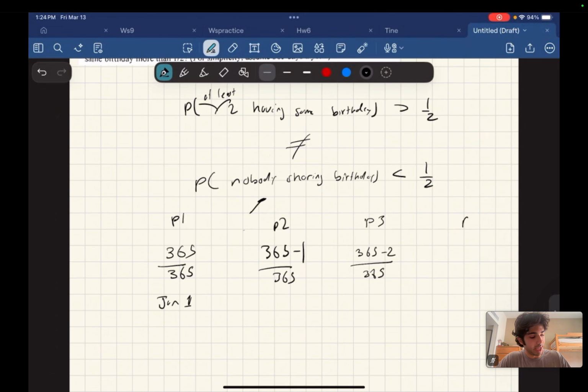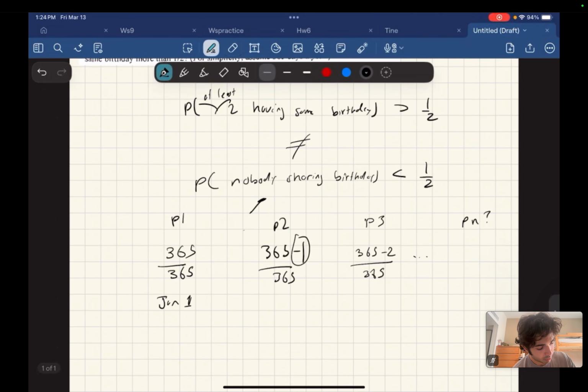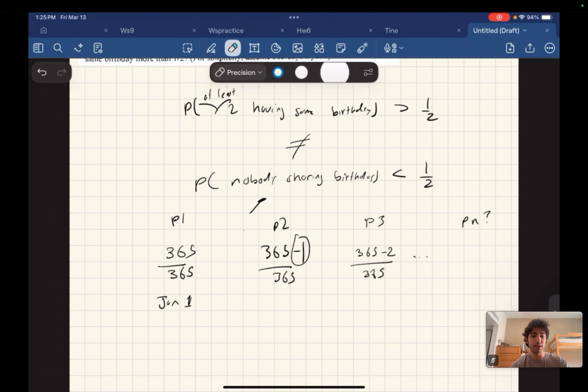Now what about person n, the last person? As we can see, the relationship between this term and the person number is that it's one less. We're basically doing minus 2 plus 1 here, or here it's 365 minus the person number plus 1.